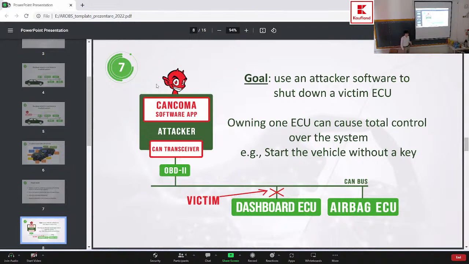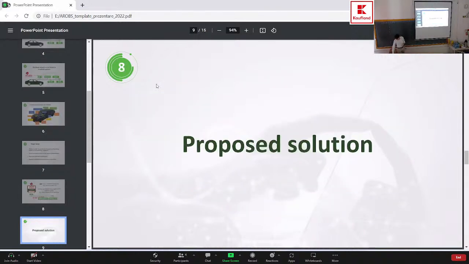For example, if we choose the dashboard ECU as the victim ECU, we can start the vehicle without the key, because the dashboard ECU has the information for the ignition state. And let's talk about my proposed solution.